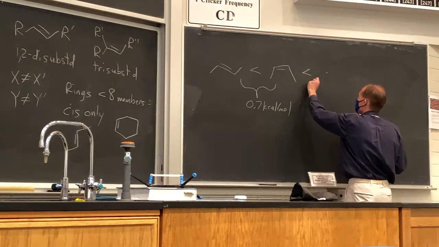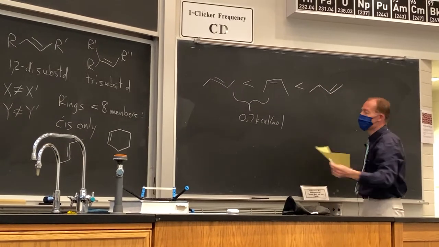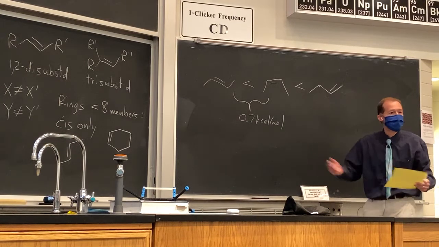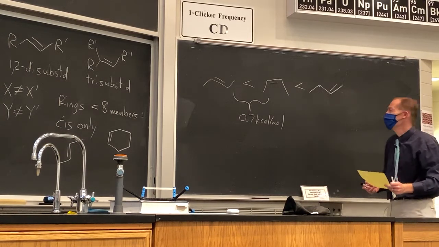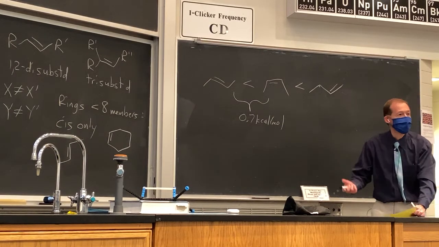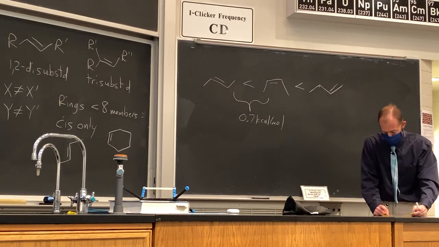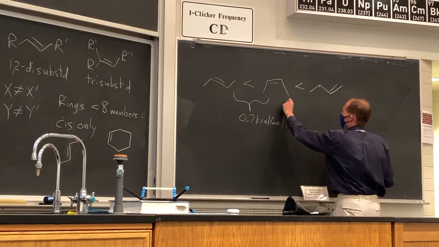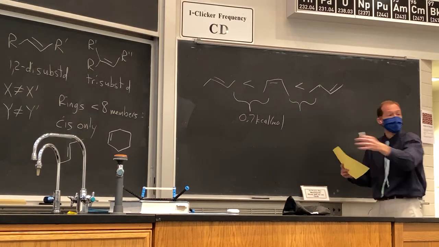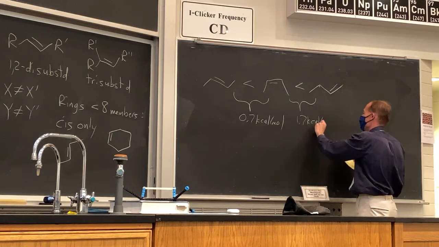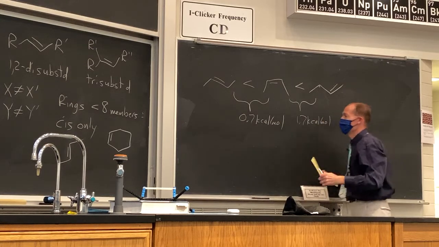But what may be surprising is if we compare the relative energies of cis 2-butene and 1-butene, which is our monosubstituted alkene. Cis 2-butene is lower in energy than 1-butene, and that difference in energy is even bigger than the difference between the cis and trans isomers. It's 1.7 kcals per mole. Okay?